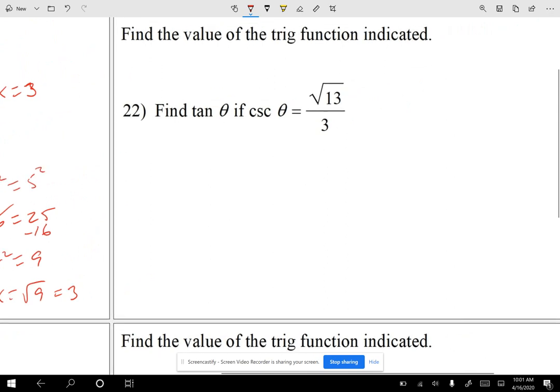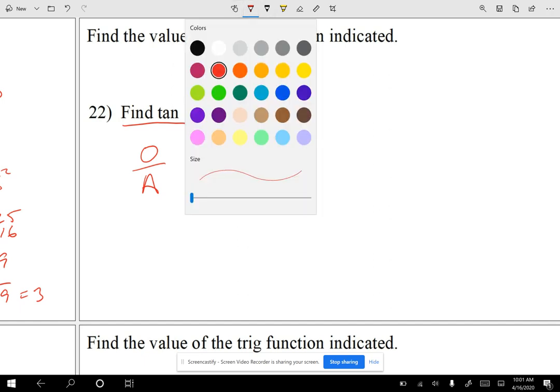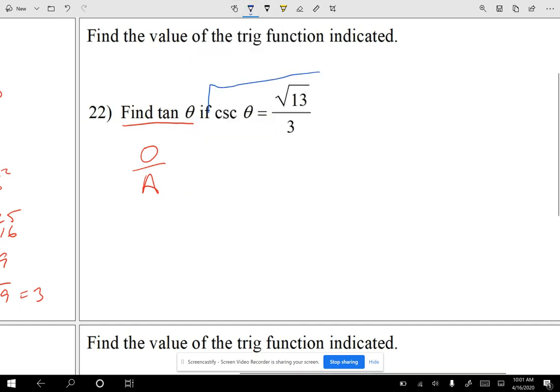Let's take a look at question number 2. I need tangent of theta. Tangent is opposite over adjacent. Let's see what I have. I know that cosecant of theta is radical 13 over 3.